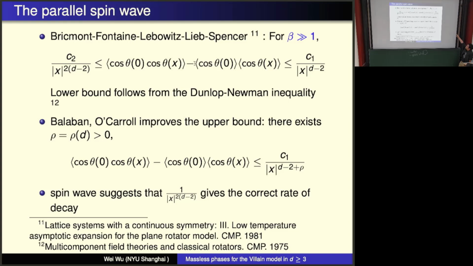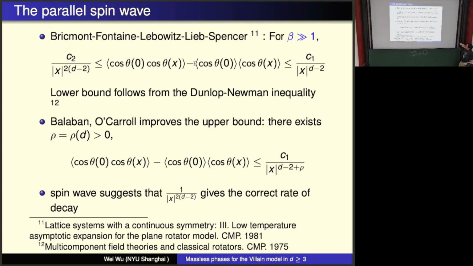But the papers in the 80s had a right lower bound, but the upper bound is off by a factor of 2. The lower bound is done by a quite generic correlation inequality argument of Dunlop and Newman, but the upper bound they can get is still 1 over x to the d minus 2.